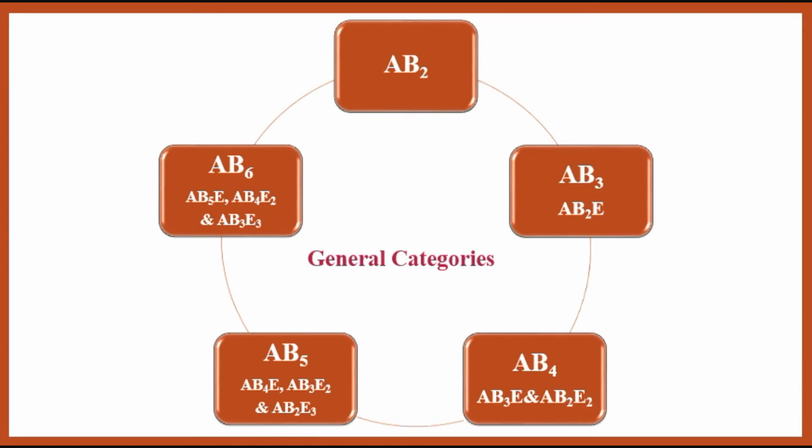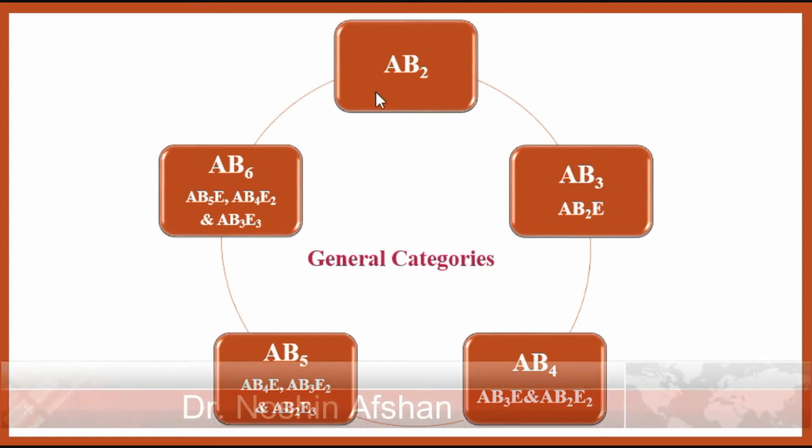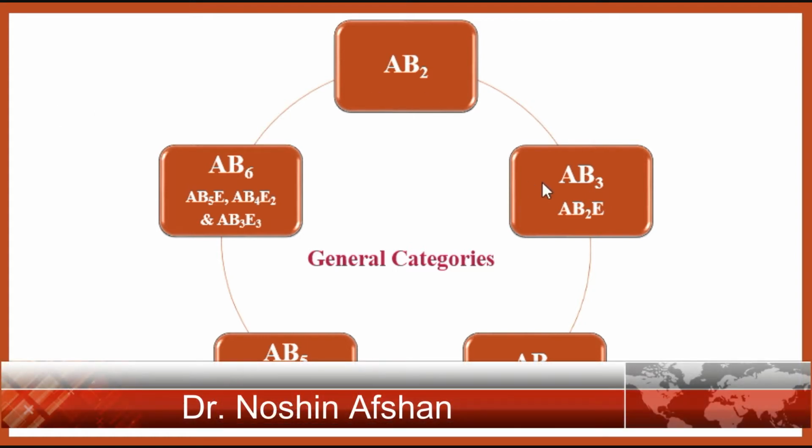According to VSEPR theory, the different molecules have been categorized under different systems: the AB2 system, AB3 system, AB4, AB5 and AB6 systems. And these systems have been subcategorized into different systems.